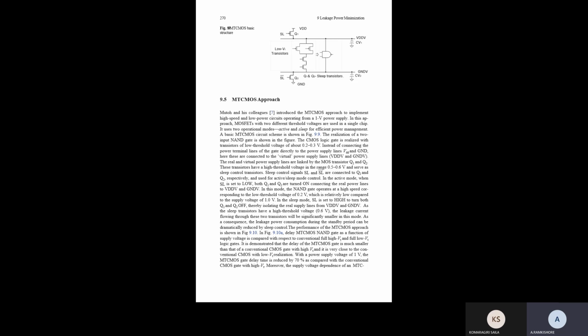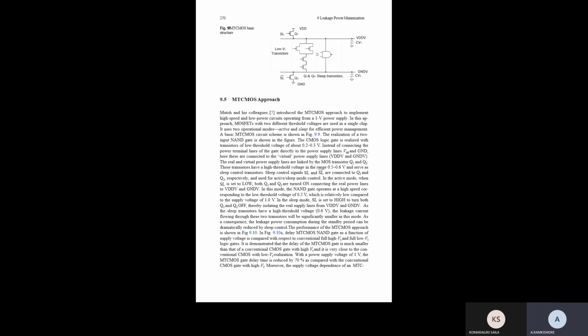Due to the varying of these power lines, the threshold voltage also varies. By varying the threshold voltages, the transistor does not introduce leakage power. To implement that concept, we operate the circuit in active mode and sleep mode.